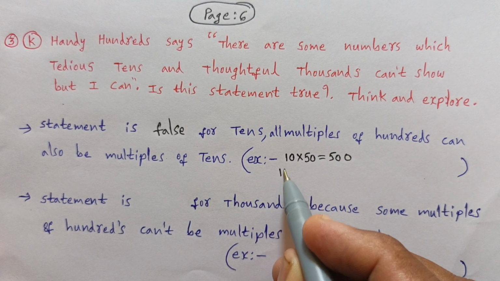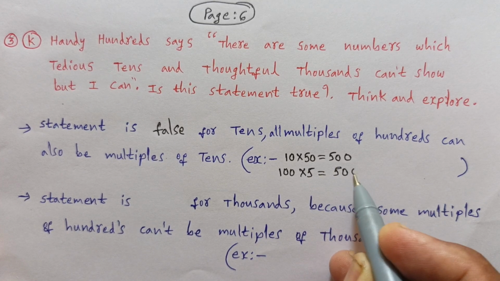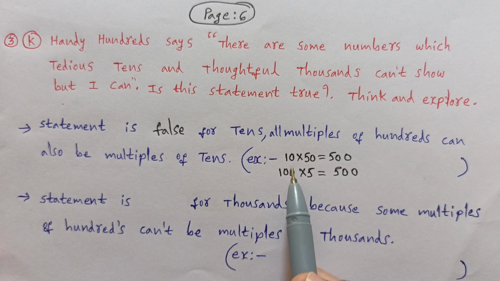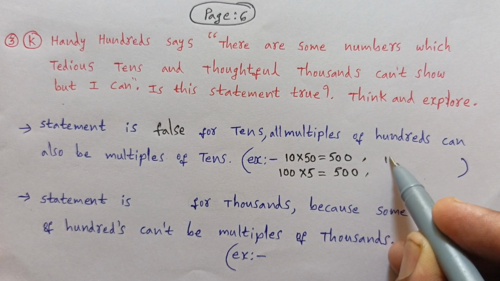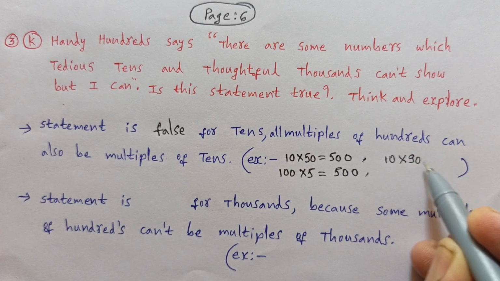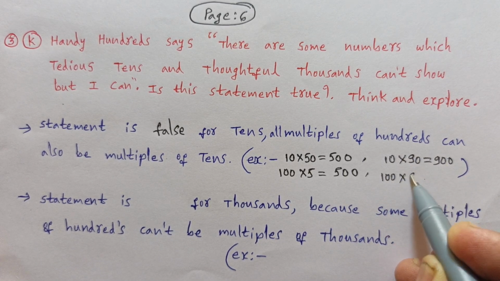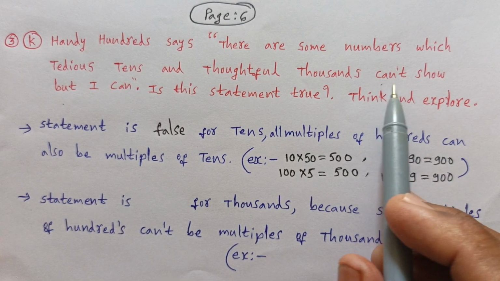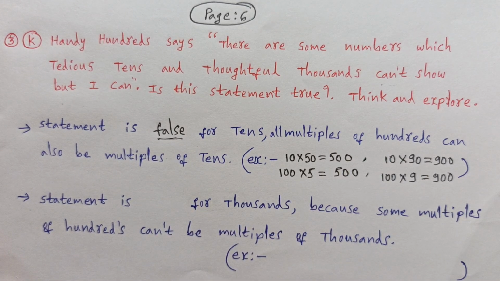So 100 into 5 also 500. So that means whatever the numbers shown by the 100 can also be shown by the 10. Similarly, you can take one more example like 10 into 90 is 900, 100 into 9 also 900. But because it mentioned can't show, this given statement is false.